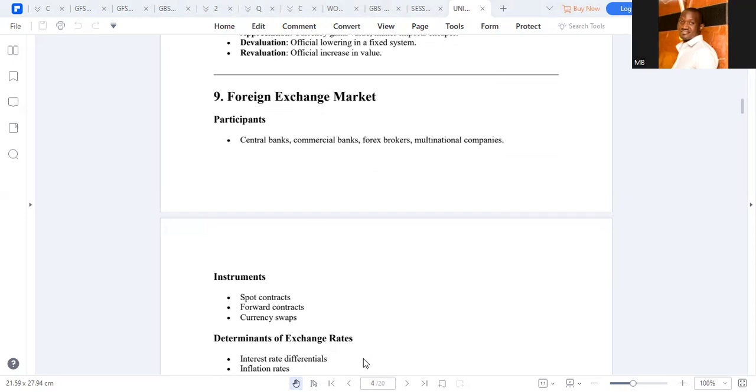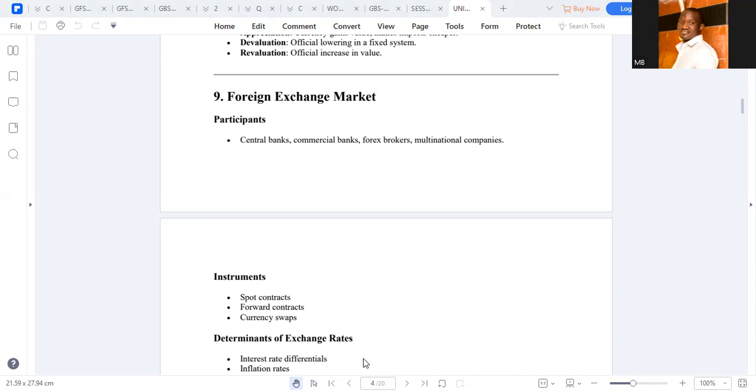We also have multinational companies. The common instruments are spot contracts, which are immediate exchanges of currencies, and forward contracts, which are agreements to exchange currencies at a future date. We have currency swaps, which are exchanges of principal and interest payments in different currencies.